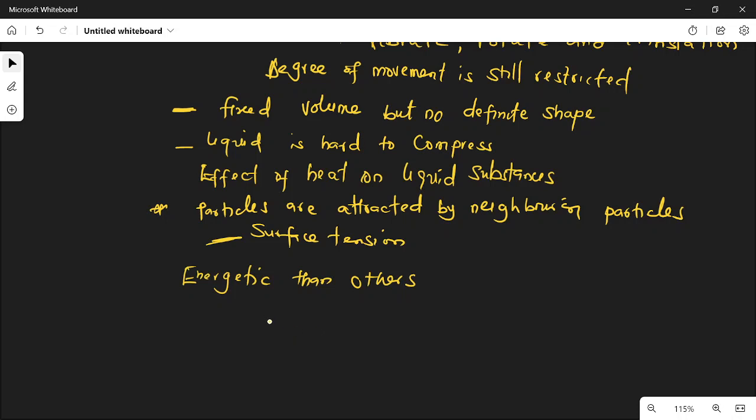And when they become energetic, what happens to them? They break away from the attractive forces, and the liquid will tend to escape into the spaces above. All these things are interwoven, and that's why we need to understand them. And that talks about your heat transfer by convection.